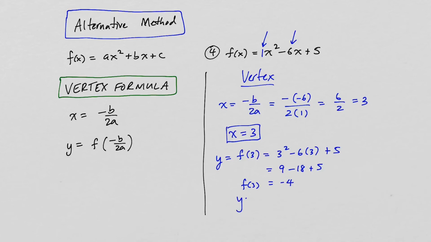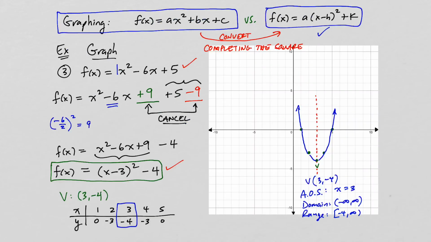And so the y-coordinate of the vertex is negative 4, and that means that the overall coordinates of the vertex is 3, negative 4. And if you compare that to the previous slide, which I will go back to now, you can see that's the same vertex that we got back here, 3, negative 4, okay?